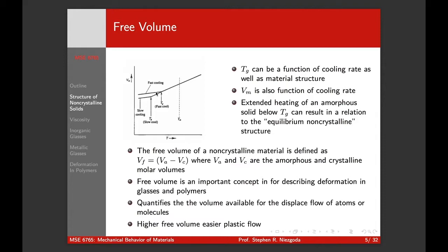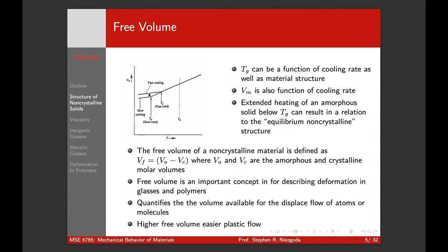So what does that imply? It means that there is some amount of volume trapped in your material that is an indicator of the material state. We call this the free volume, and it's a very important concept. Free volume is how I tend to think about everything with glasses or polymers.